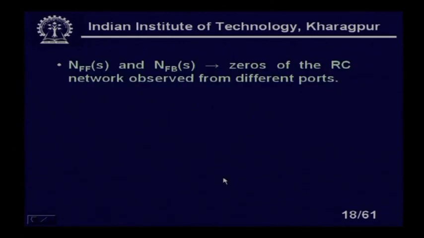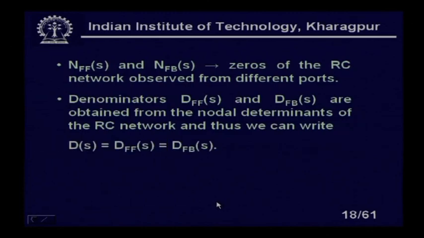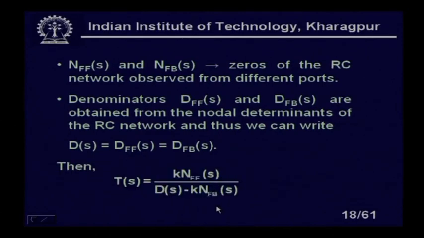Let us look: NFF(S) and NFB(S) are zeros of the RC network observed from the different ports. Denominators DFF(S) and DFB(S) are obtained from the nodal determinants of the RC networks, and thus we can write D(S) equals DFF(S) equals DFB(S). Then these equations can be simplified as T(S) equals small k NFF(S) upon D(S) minus k NFB(S), right.